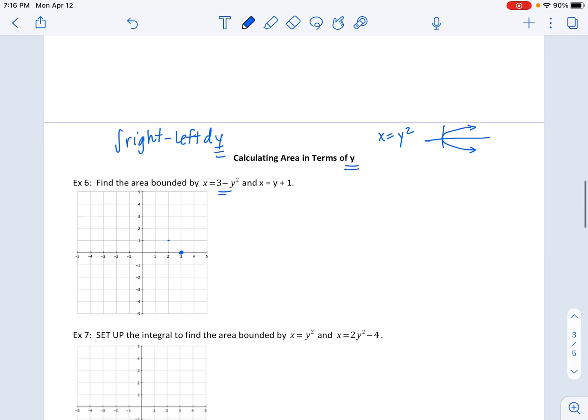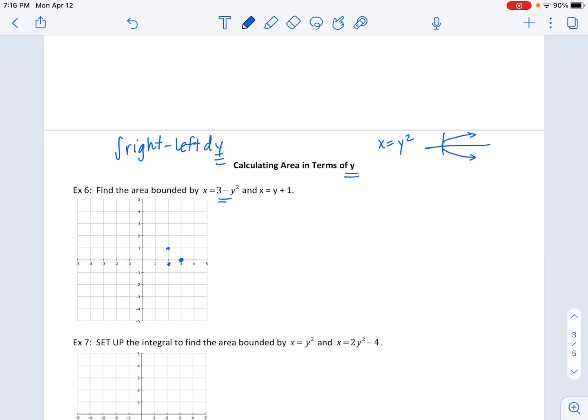And then the minus part means we're going to flip it backwards. Wait a second, I'm not doing that right. So something like this, and then I would label it, and then x equals y plus 1.